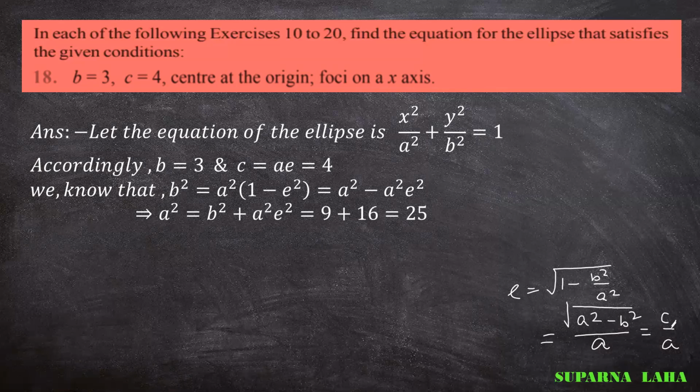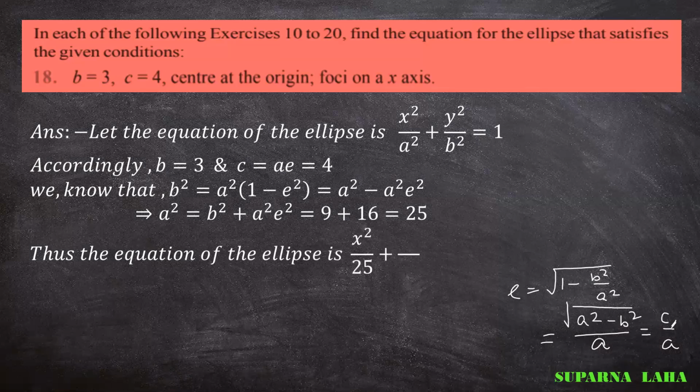When you are following one way, just stick to this one way. Otherwise, you will get confused about which one we should follow. So thus the equation is x square by 25 plus y square by 9 is equals to 1, since a square is 25 and b square is equals to 9.